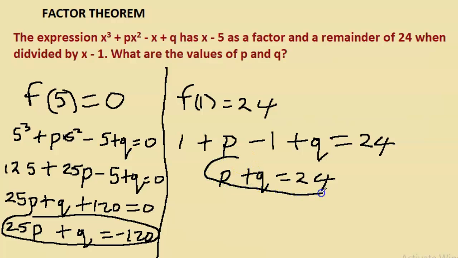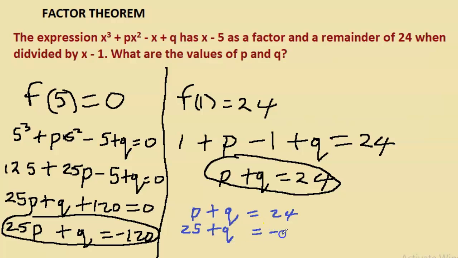So obviously, it seems that we can subtract them. Let me just use a different color here. So here we have p plus q equals 24. Now we have 25p plus q equals negative 120. If we subtract, we subtract because we recognize that the q will be eliminated, right?